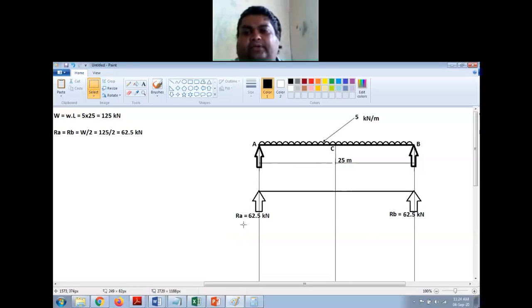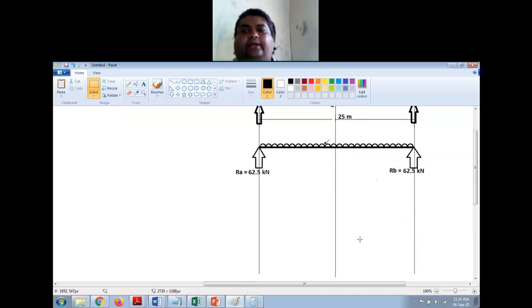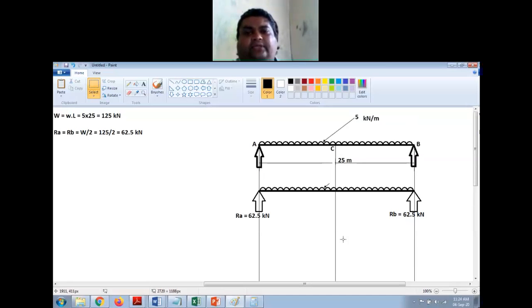So I have the reactions at the support and there is UDL still here on this. Okay, just copy this and put it on this as well. Right. Now let us first start with the shear force diagram.